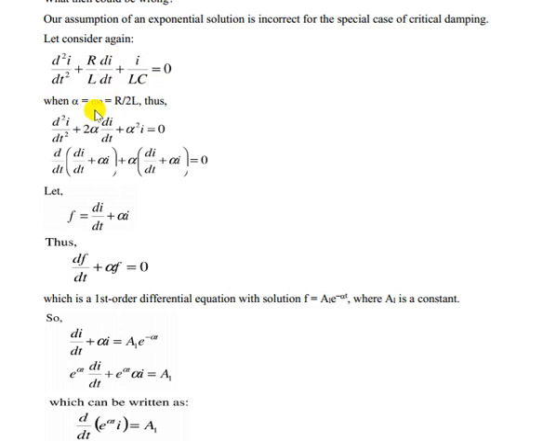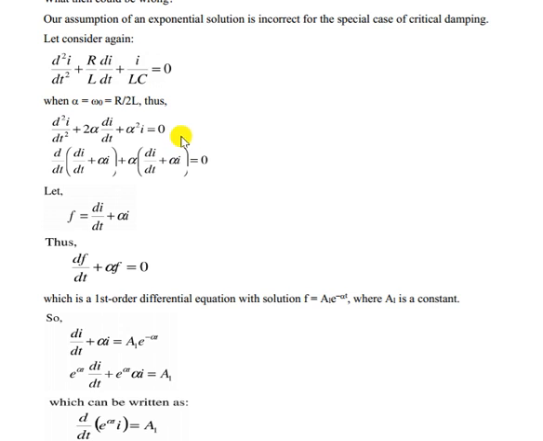Now when alpha equals omega 0 equals R by 2L, we can write 2 alpha di dt plus alpha square i, where omega 0 equals 1 by root of LC.